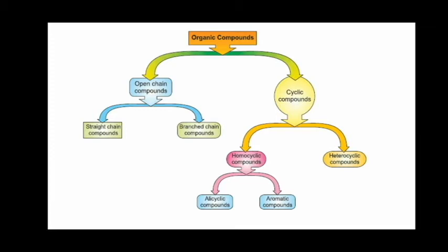If apart from carbon it has hetero atoms like nitrogen and oxygen in its cycle, it is given as heterocyclic compounds. In these homocyclic compounds, again it has been classified further into alicyclic, then aromatic. So we know that it has been given sp2 hybridized.